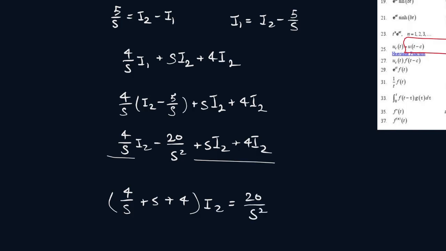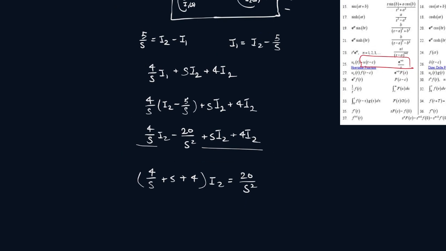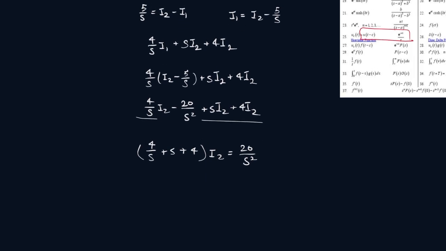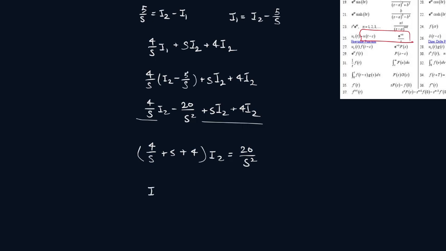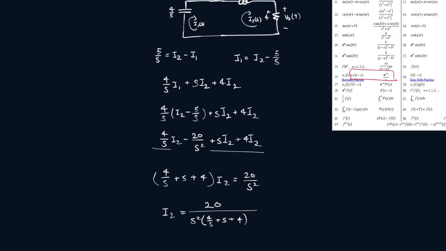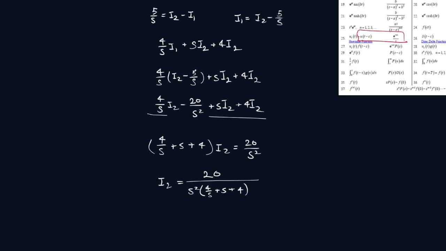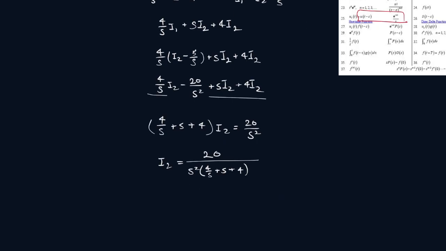Alright, so there we go. And let's isolate for our I2(S). So it'll be 20 over S squared, 4 over S plus 4. So what we're going to do is multiply S squared into here.